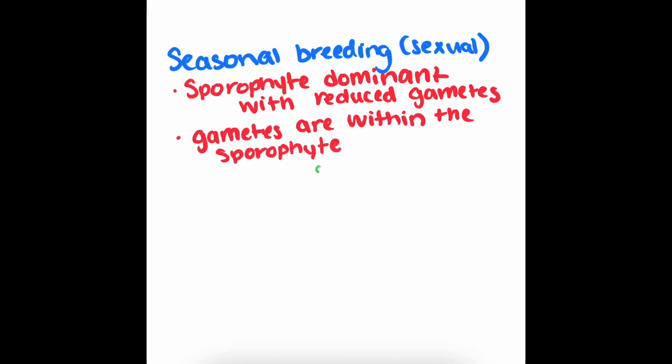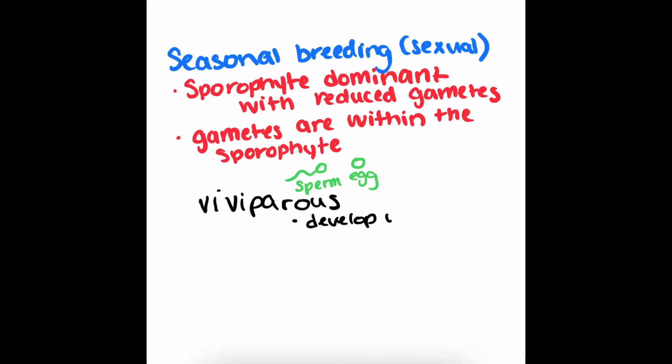For example, we have the sperm and the egg. Also, it's important to note that the giraffe is known as viviparous because the calf develops within the mother, and the embryo gets nutrients from the mother as well.